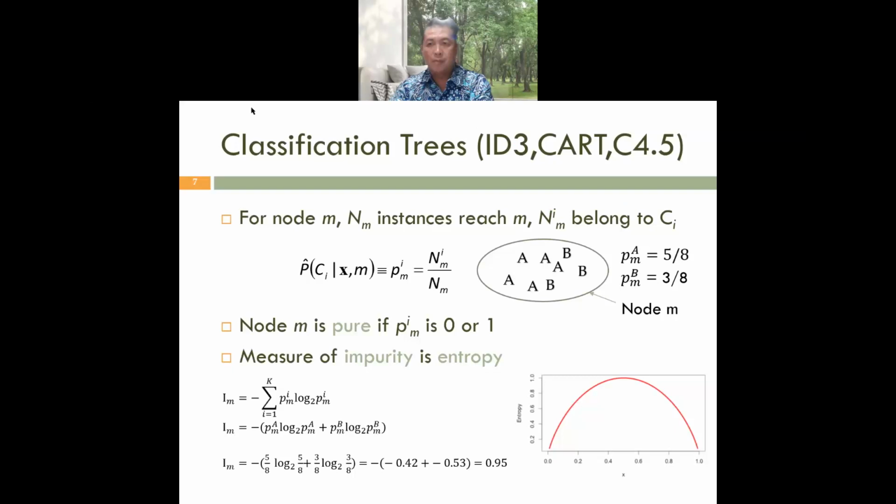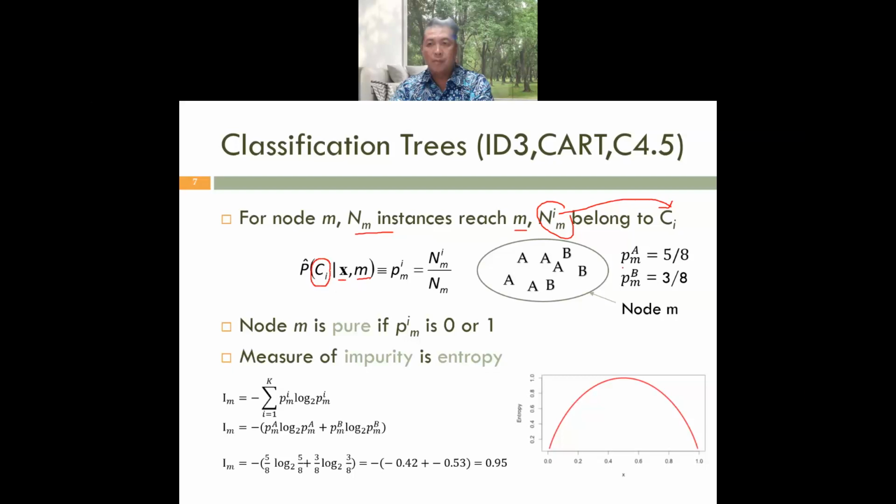The formula that we have here is for node M. We have this number of instances that reach this particular node, and for each of them, the membership belongs to the i-th class. We look at the probability, given the node and the sample, of having the particular class in that partition.